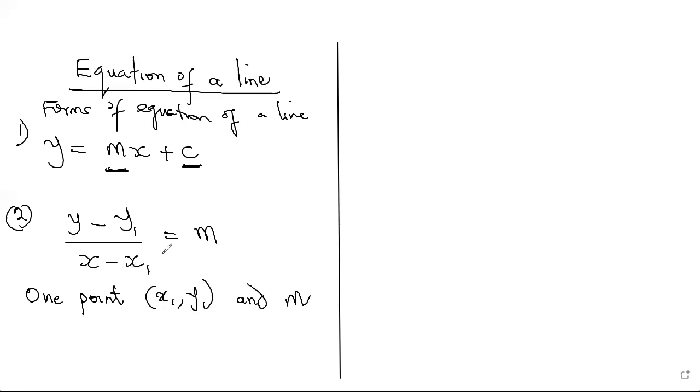So if you want to use this one directly, you know 1 point that the line passes through, and you know the gradient of the line. You can use this equation to determine the equation of the line.